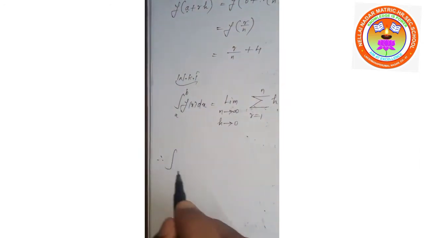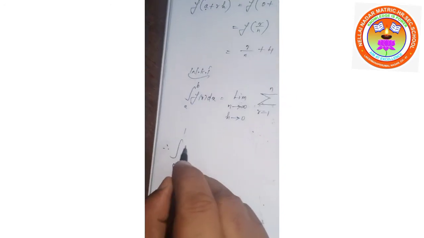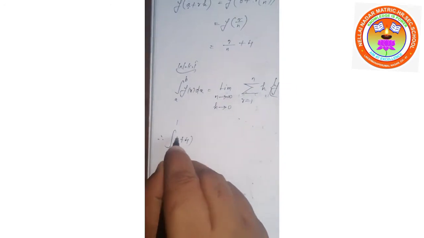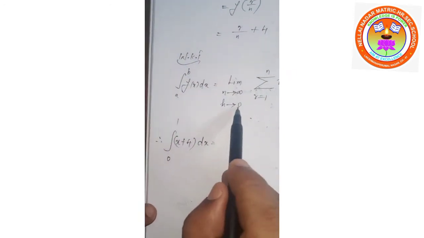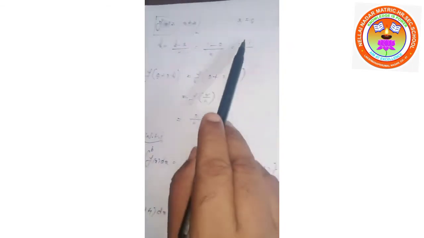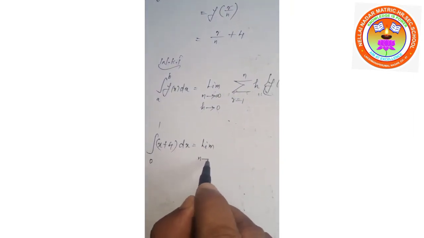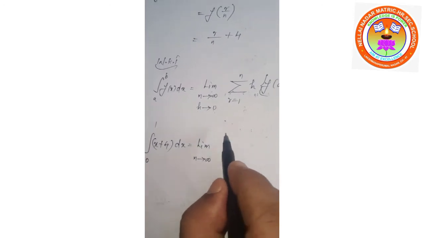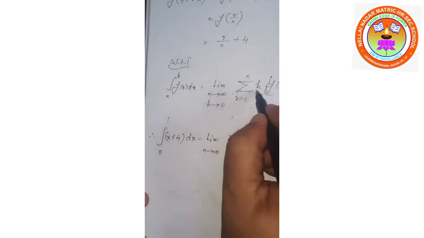After that, write the question. Integral 0 to 1 f of x, x plus 4 dx equals, once we find h in terms of n, you no need to write h, you write n alone. Limit n tends to infinity, sigma r equals 1 to n h. What is the h?